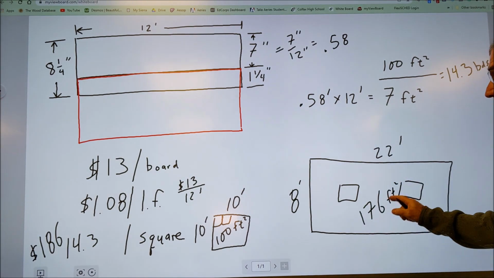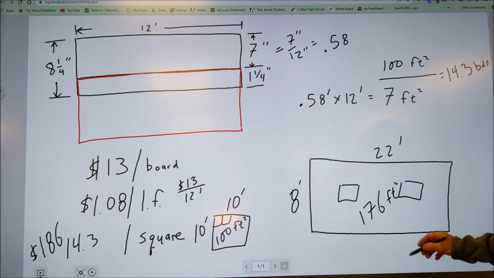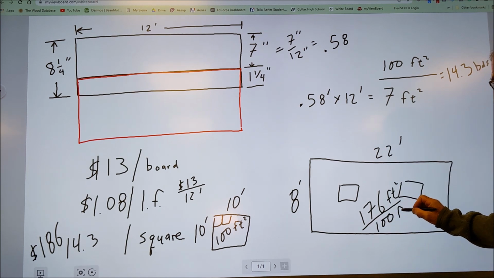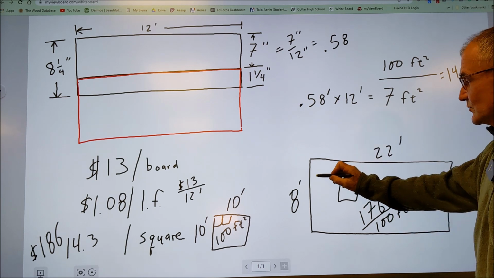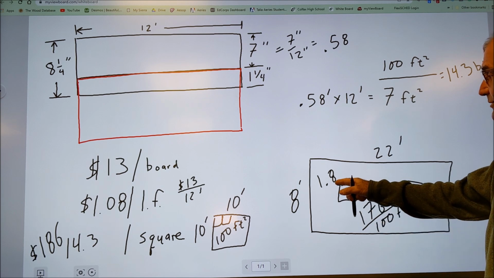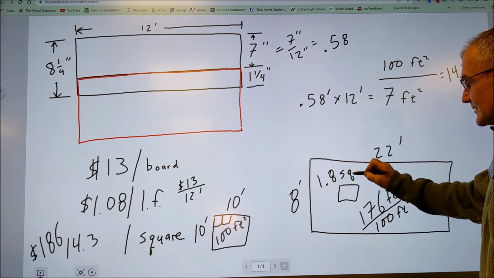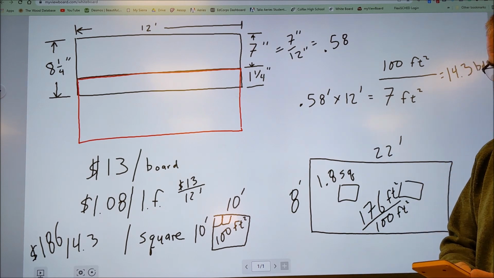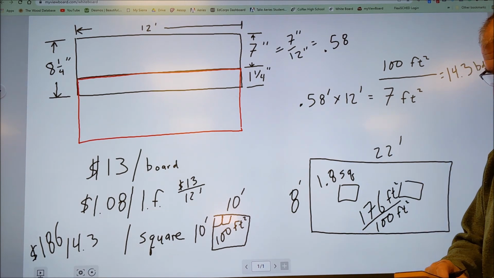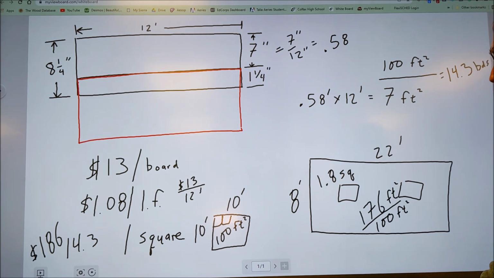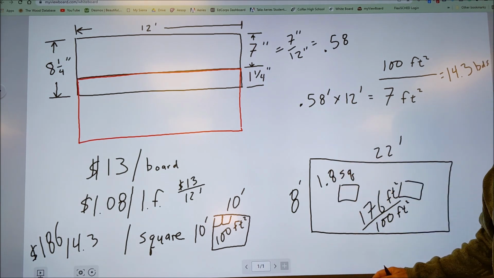So this wall is 176 square feet. I divide that 176 by 100 square feet. So 176 divided by 100 is 1.76. I'm going to round up to 1.8 squares. 1.8 squares times that 186. So 186 times 1.8 gives me $335 to side this wall.